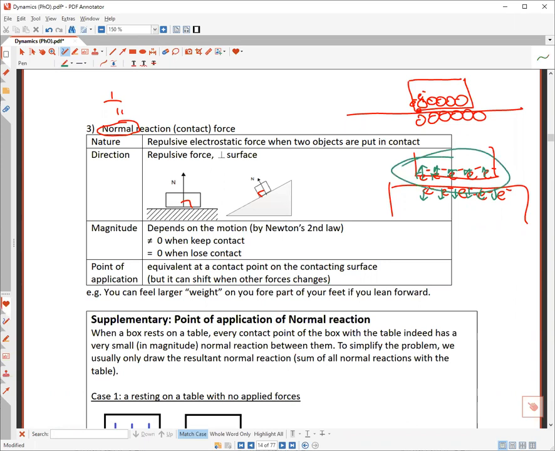If you take the vector sum of all these repulsive electrostatic forces, this is the normal force, or the normal reaction, acting on the object by the surface. This is the reason why this force only exists when the two objects are in contact. If they are not in contact, there should not be a repulsive force between those electrons. That's why we say the magnitude equals zero when they lose contact, and the magnitude is not zero when the two objects are in contact.